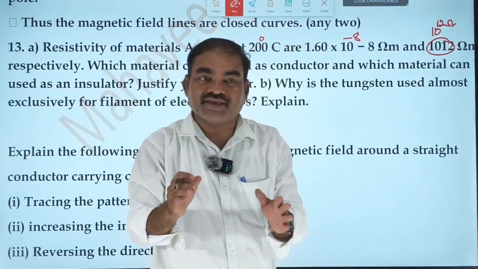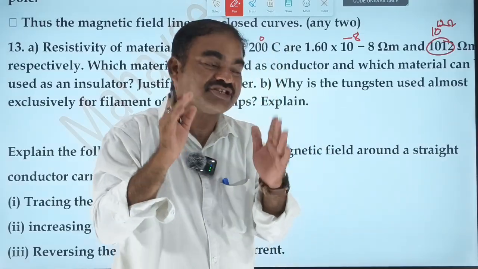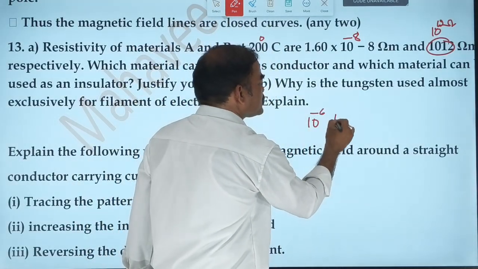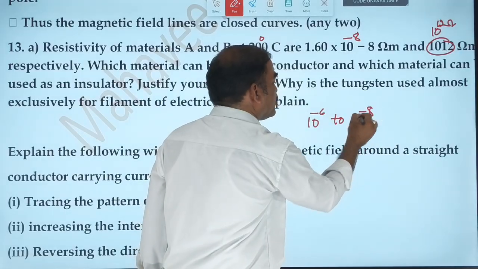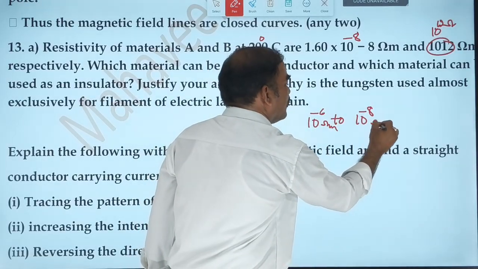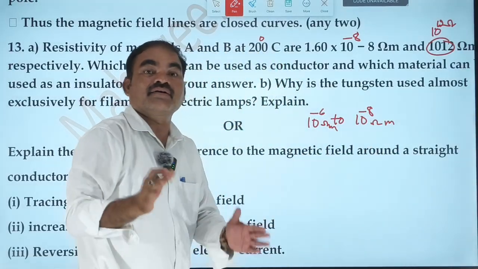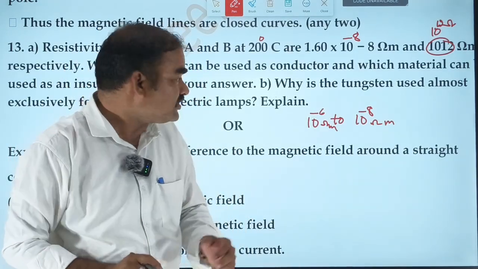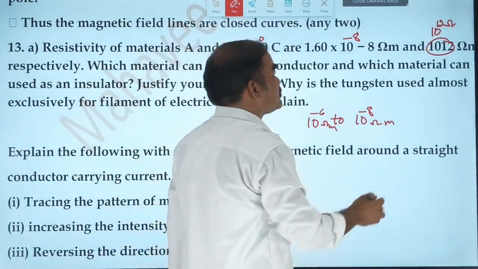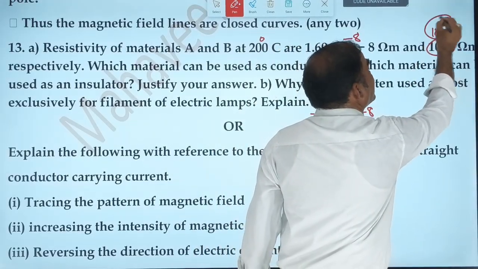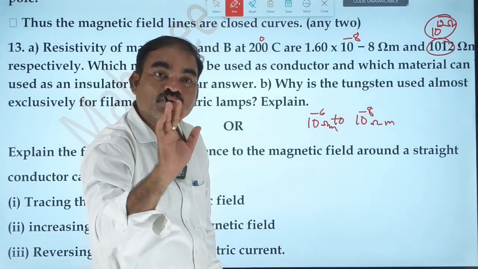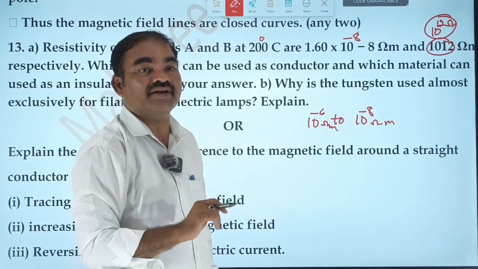You must remember, whichever material has resistivity of 10 to the power minus 6 to 10 to the power minus 8 ohm meter is a very good conductor of electricity. As the power increases, to 10 to the power plus 12 ohm meter, it is not a good conductor. It is a bad conductor of electricity.